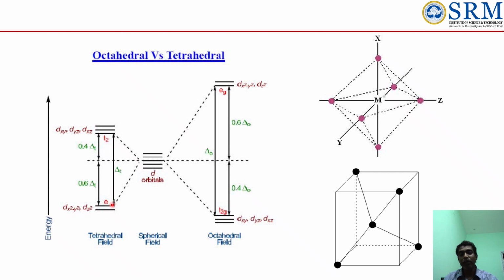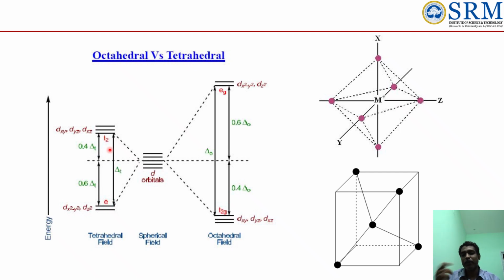The third electron has a possibility of either pairing with dx square minus y square, or it can go up to the dxy and dyz. Because in the tetrahedral complex, the splitting is very small, this is equivalent to a weak ligand in the octahedral complexes. This delta is small, so the third electron can just jump up so that it will be an unpaired electron.